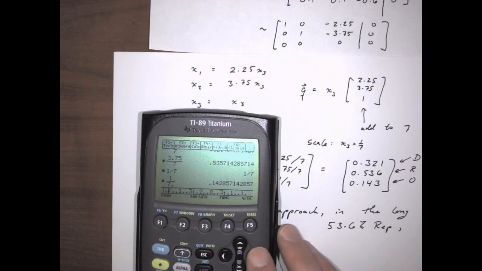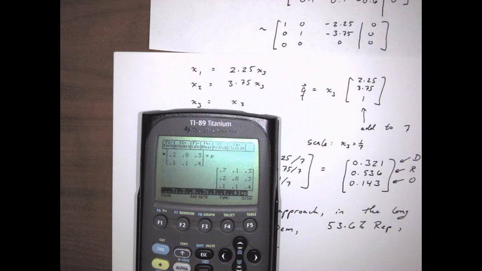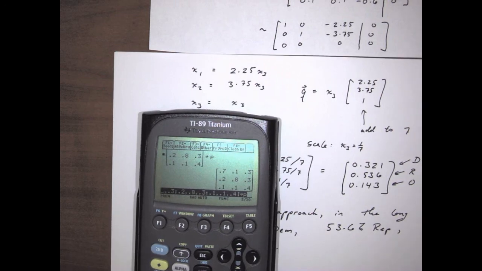And again, to spare you watching me type it all in, I have taken the liberty of entering the matrix P and storing it, and then I hit alpha P so that it would store the matrix as I wished. So that is indeed the original matrix P. Now let's give an initial setup of our district.